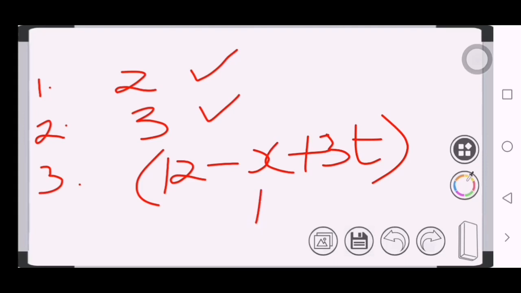If you got 3 terms, then you are still thinking that we have 12 minus x plus 3t, which are 3 terms, but that would have been correct if we had no bracket around them. The bracket here makes all the terms to be 1. It looks as if the bracket is binding everything inside to be 1 term. So take note of that.